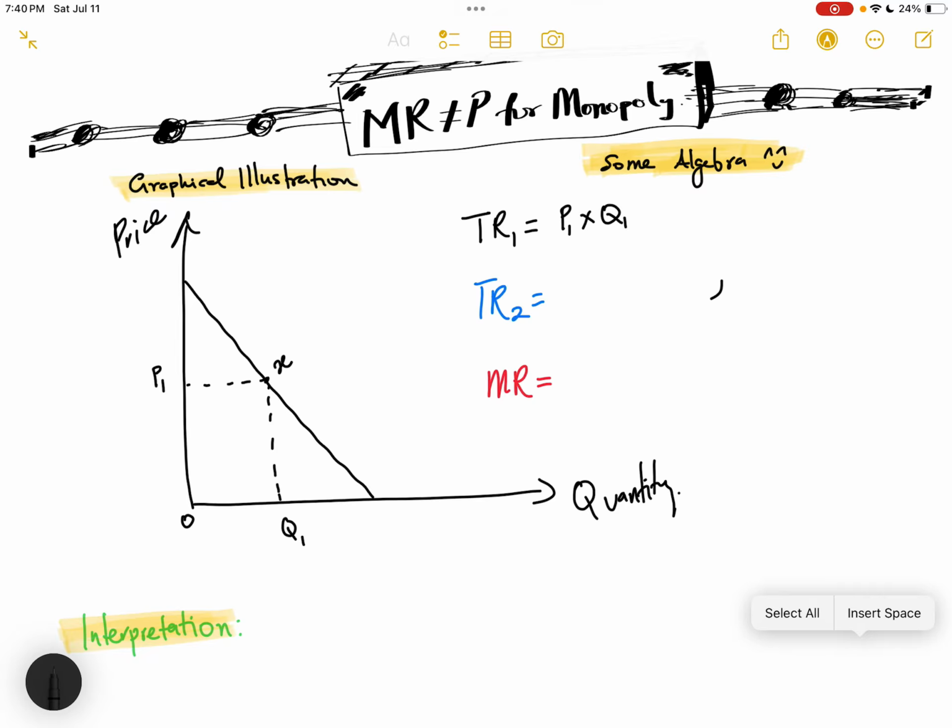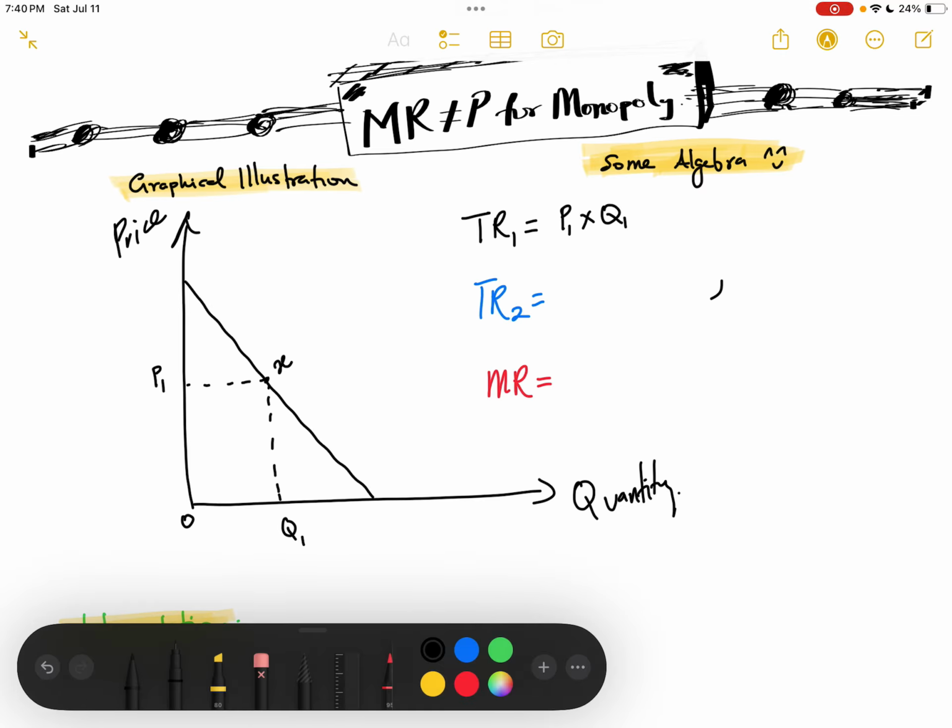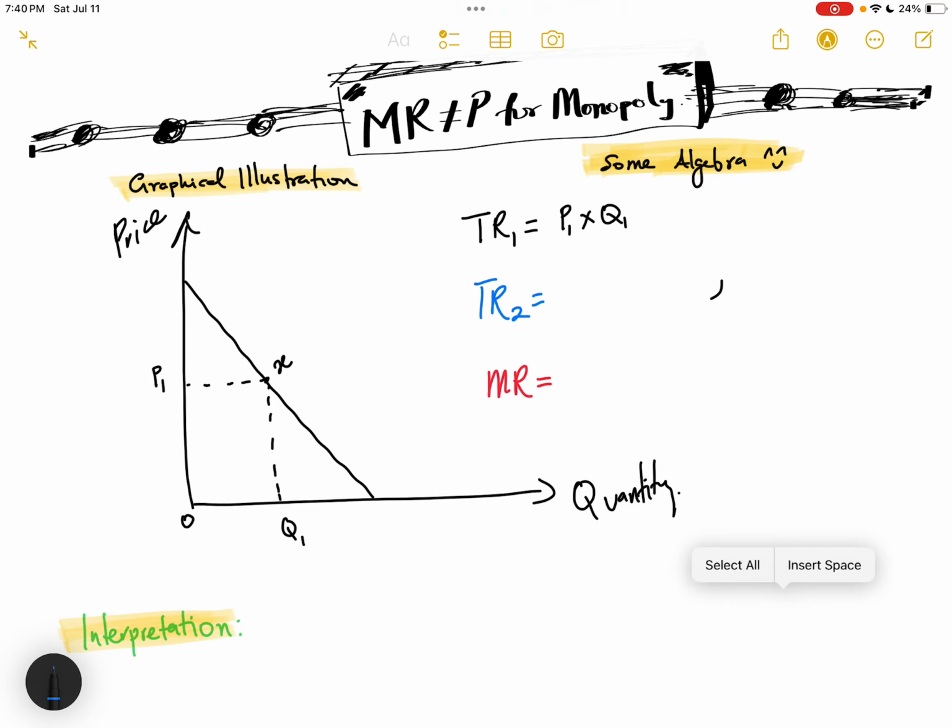Okay, so we have this first price P1. Let's assume that prices fall. If prices fall to say P2 right here, you can see that with that new lower price, we sell a larger quantity, Q2. Very good. So what has happened?